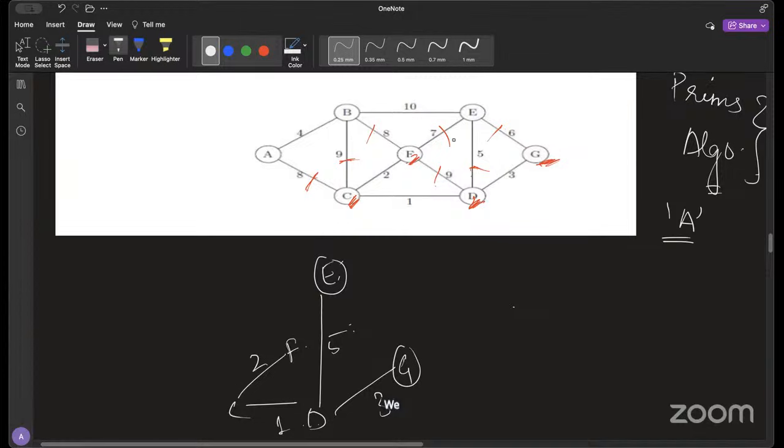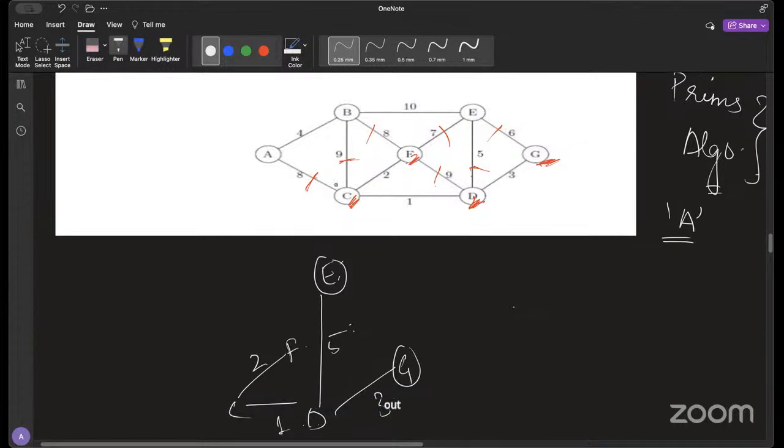We are considering the edges related to F, right? But they don't have the minimum weight. They're high, right? This is 8, 7, 9. And we have edges with lesser weight than that. That's why we're choosing those edges.